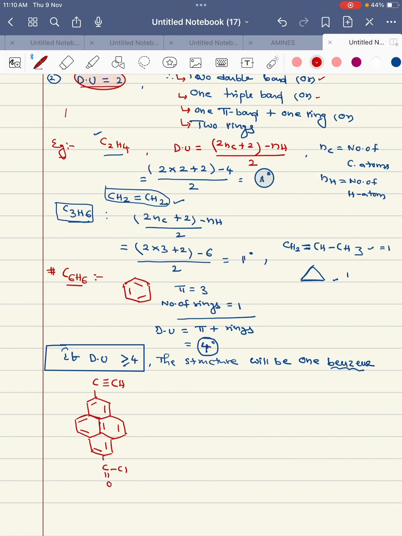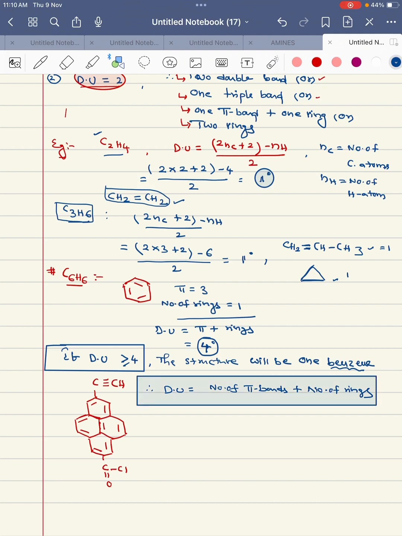So it is double bonded with C. Can you find out how many pi bonds are there? So DU is nothing but, this is one of the complicated structures. DU is equal to the number of pi bonds plus the number of rings. This is the formula which we are using. The molecular formula contains more than one benzene ring.